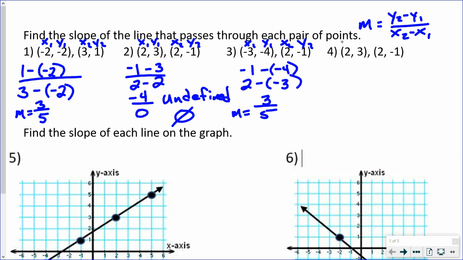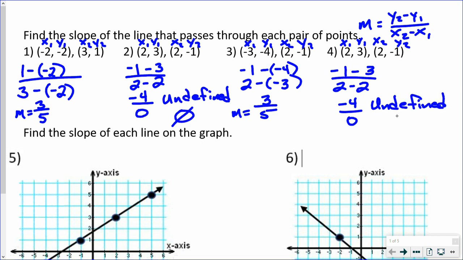Number 4, here we go, x1, y1, x2, y2. So I have negative 1 minus 3 over 2 minus 2. And that one comes out to negative 4 over 0, and that one is also undefined.